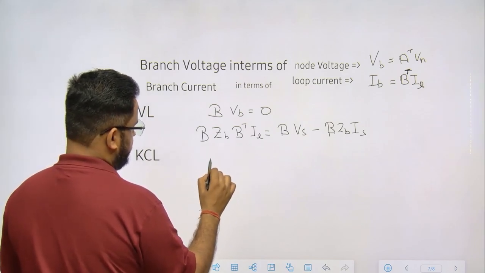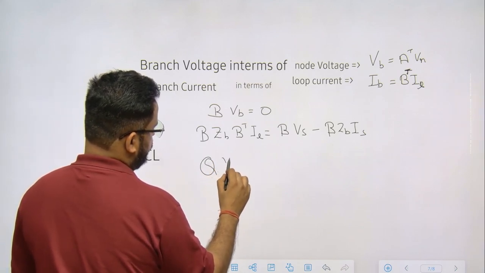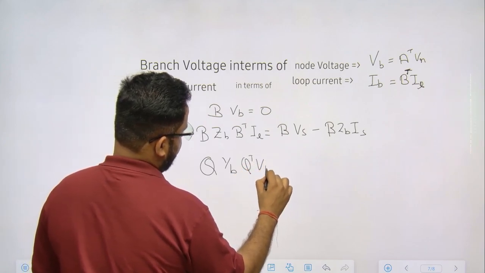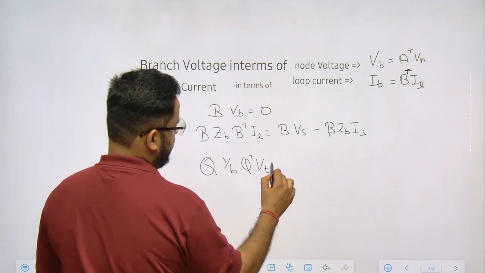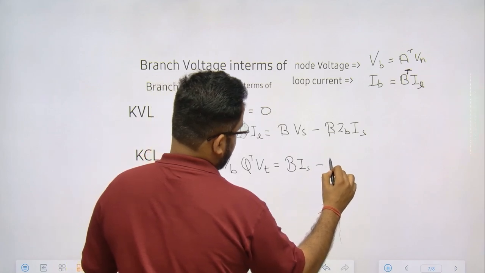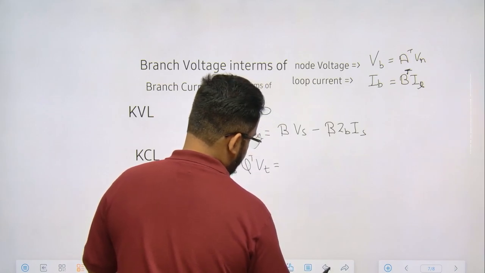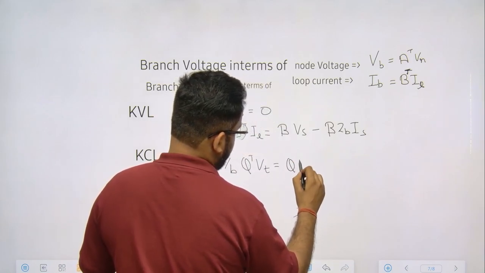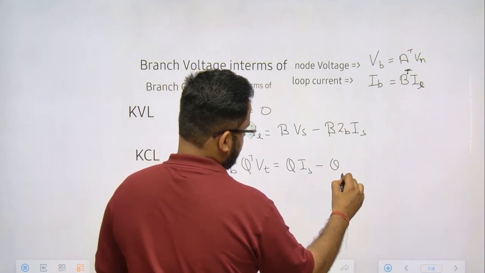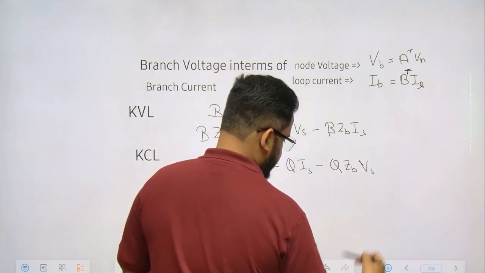KCL equation: Q into YB into Q transpose into VT, where VT is the twig voltage, is equal to Q times IS, sorry, it's not Q times, it's Q into IS minus Q into YB into VS matrix.